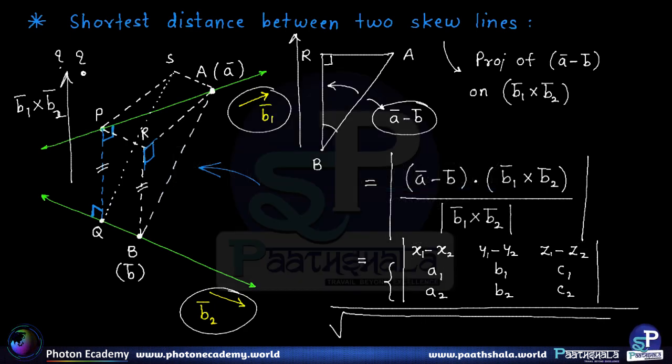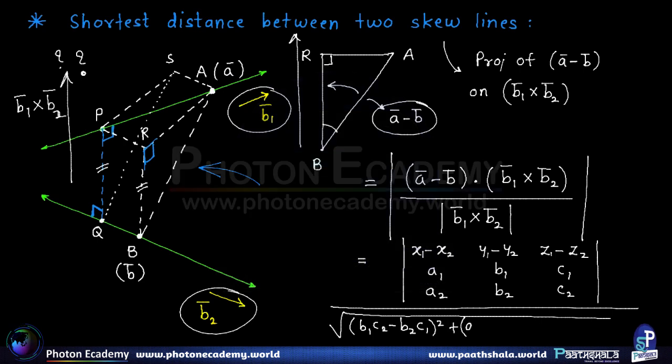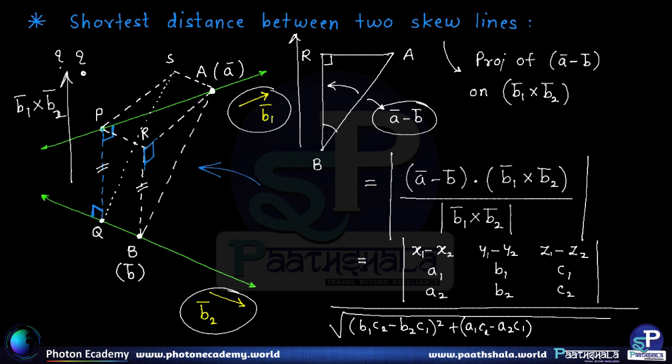So the magnitude of that cross product can be calculated as the square root of (b1 c2 minus b2 c1) whole square plus (a1 c2 minus a2 c1) whole square, and lastly (a1 b2 minus a2 b1) whole square.